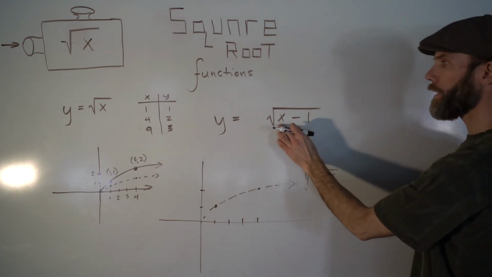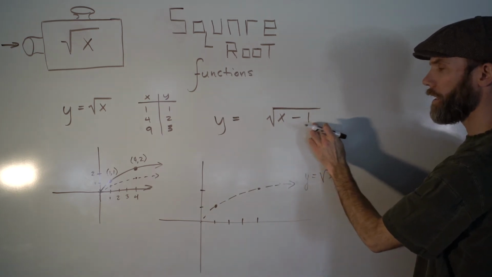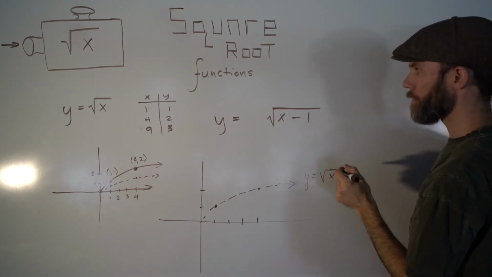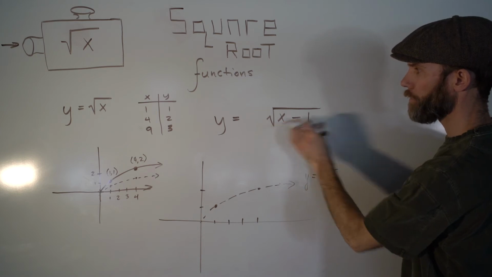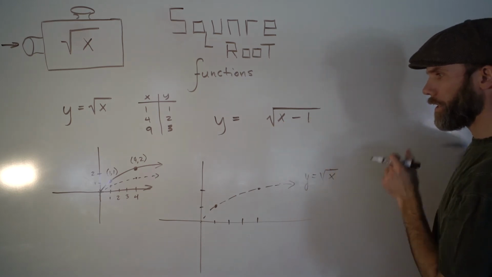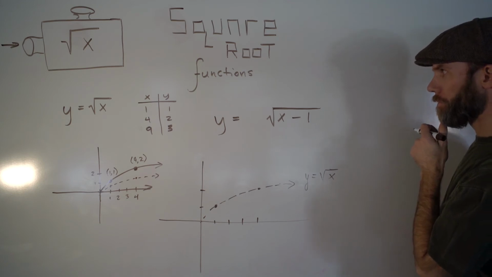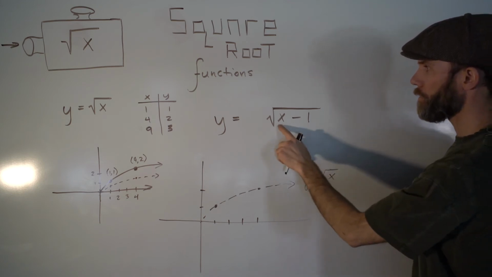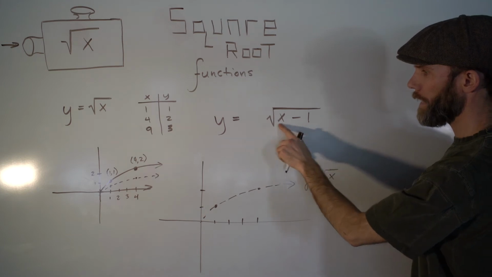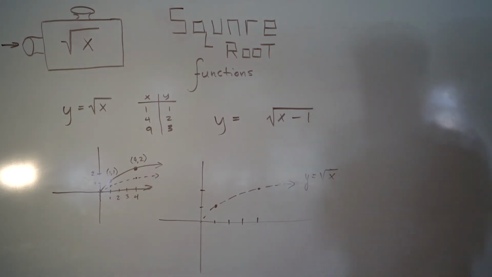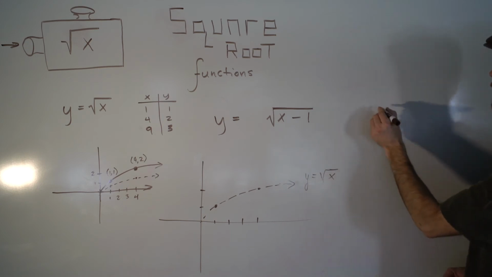So if I put in a 1 here, what's 1 minus 1? 1 minus 1 is 0. And so if I put in a 1, I get root 0. Huh, that's strange. So where is this graph? What was actually happening with it? Let's try some other numbers.